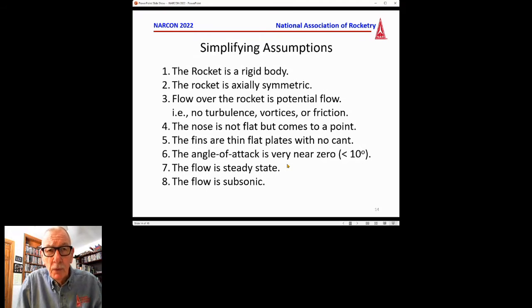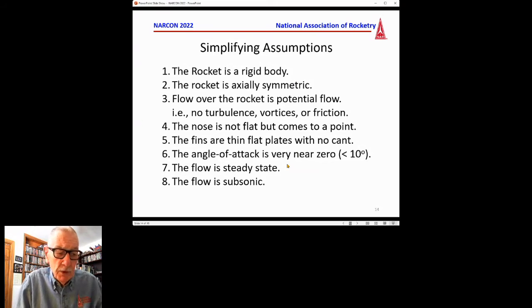But in our case, we're dealing with aerodynamics strictly, although there have been a few control systems built for model rockets. But in general, we're dealing with an aerodynamically stable rocket.